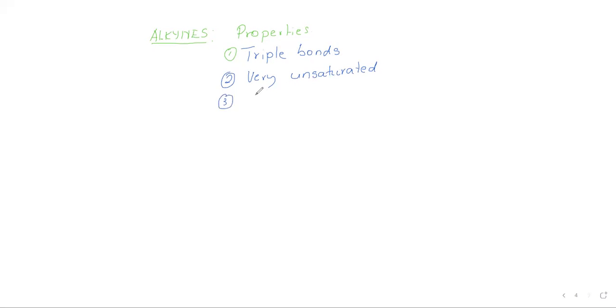Three, they have this general formula, CnH2n minus 2. Because they are by nature very unsaturated, they undergo addition reaction.